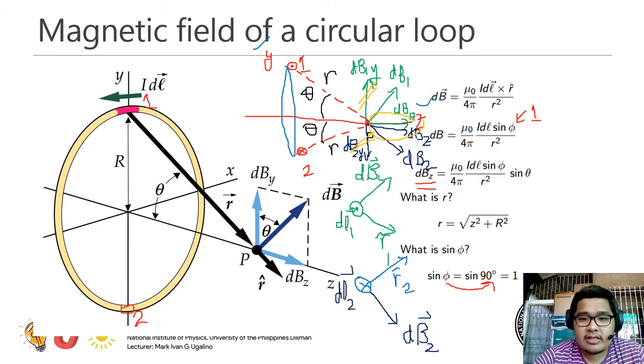There's a symmetry that can be applied to this problem, and that is the reason why we are only interested in dBz. So dBz is given by mu naught over 4 pi I dl sine phi over r squared multiplied by sine theta.